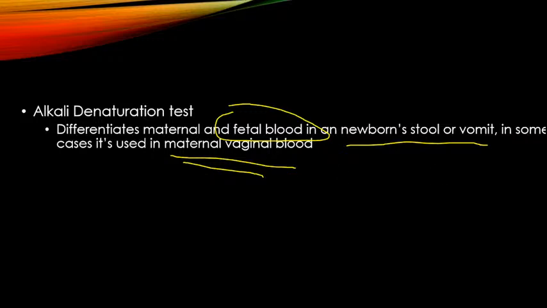Okay? We want to avoid that. We want to detect first if there are cases of a stillborn baby. Why? Because if the baby vomits or passes stool with HbF, there's a big chance that the baby is going to be stillborn.